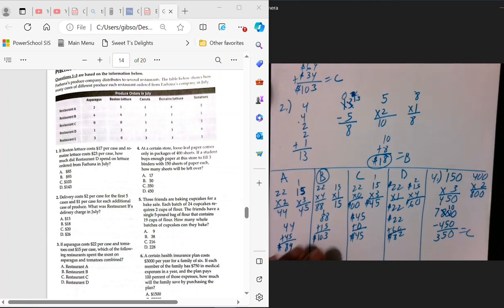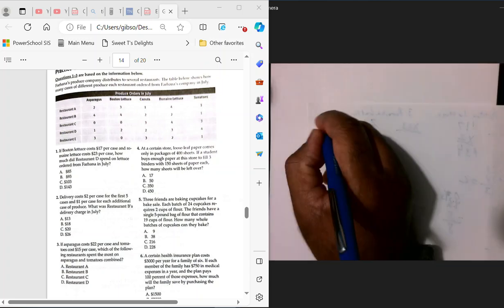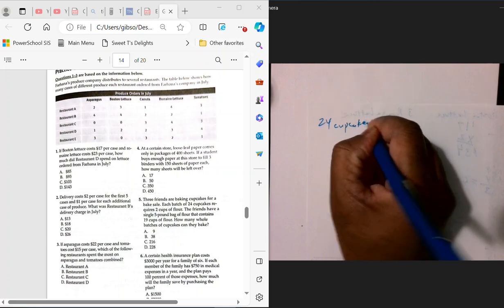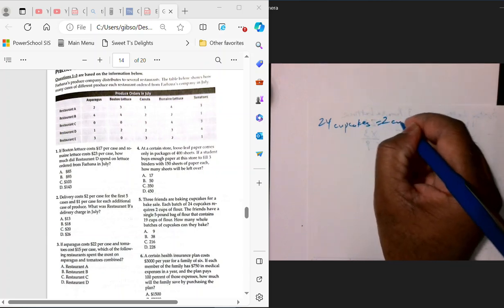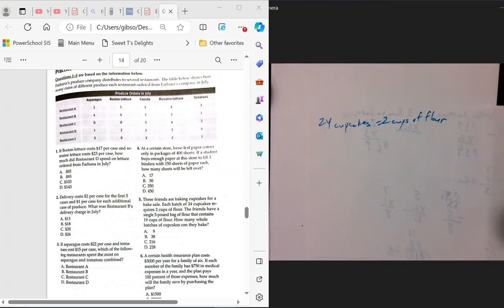Okay, so 24 cupcakes requires 2 cups of flour. So now, we're going to write out the information that we have. It's 24 cupcakes, 2 cups of flour. Now it says the friends have a single 5-pound bag of flour that contains 19 cups of flour.